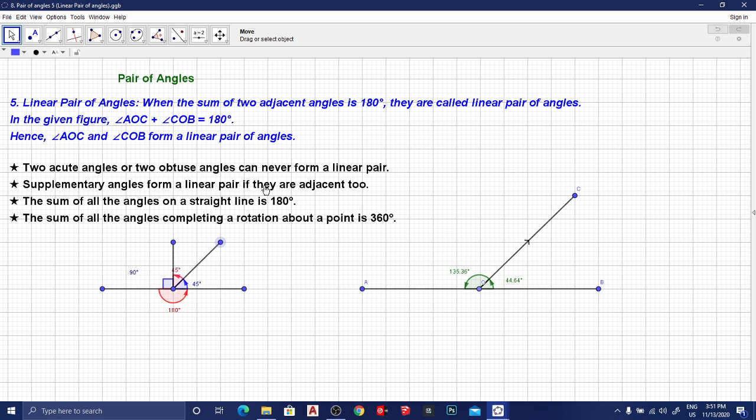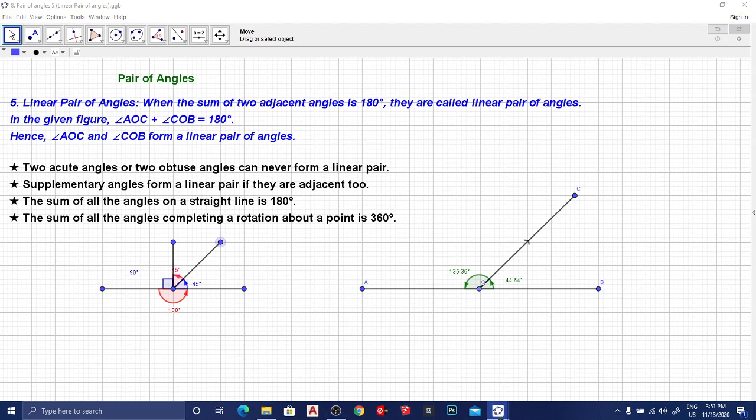This property itself is written in this form. Okay, both are equal here. These two angles are supplementary to each other, and they are adjacent to each other also, then they will form a linear pair. Okay, if they are not adjacent to each other, they will not form a linear pair.